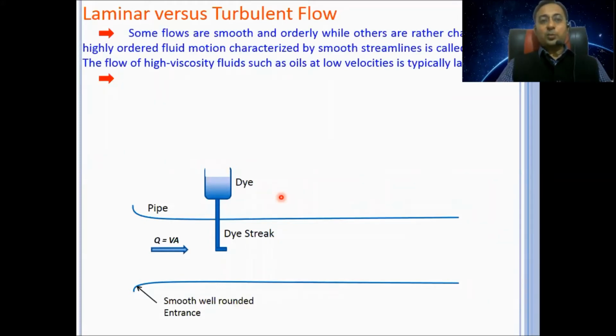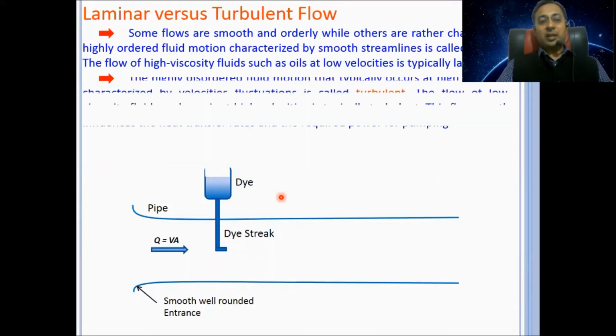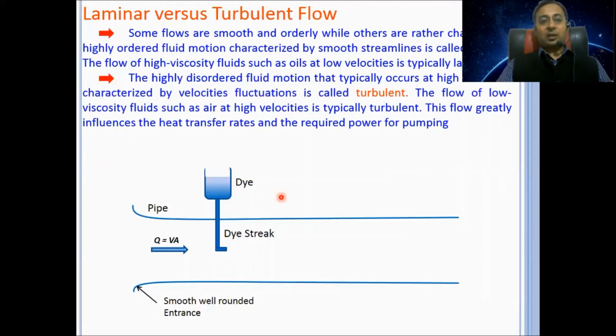Some flows are smooth and orderly, while others are chaotic. There is high disorder, right? The smooth flow where particles move in a particular order is known as laminar flow. Highly disordered fluid motion that typically occurs at a high velocity is known as turbulent flow.